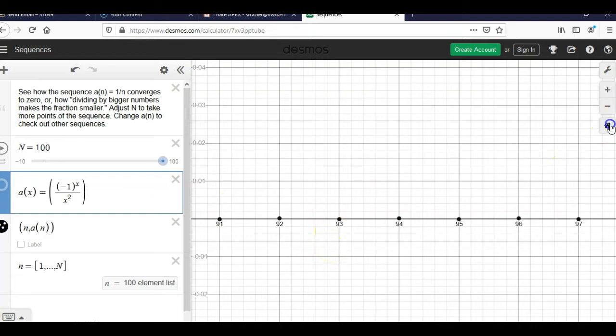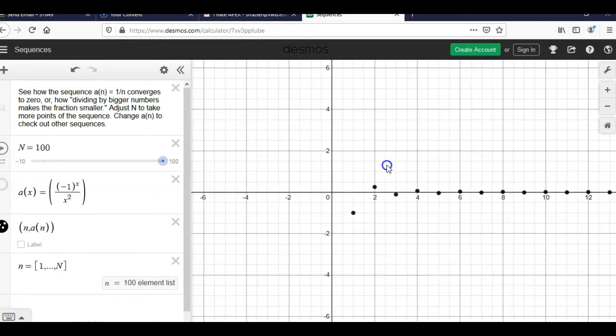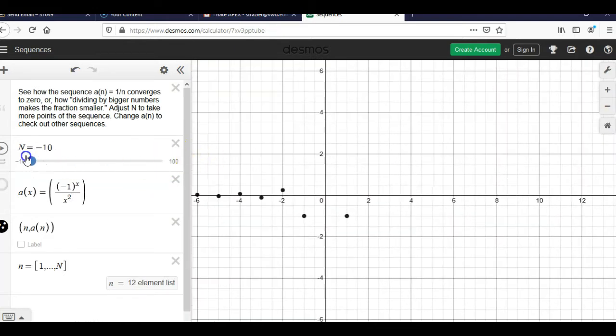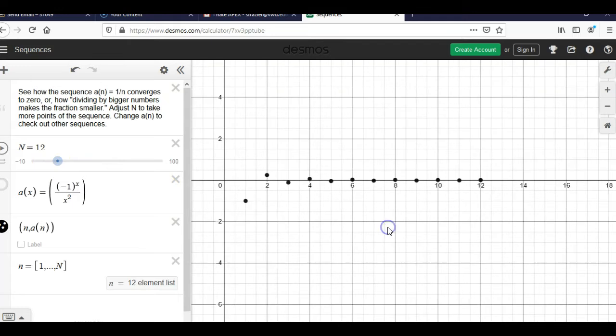So here, let's go back home here. You can see as we build the terms here, the first term is some negative value. When n is 2, we get 0.25. When n is 3, we get negative 0.11, and so forth. So you can see here that the convergence happens rather quickly, right?